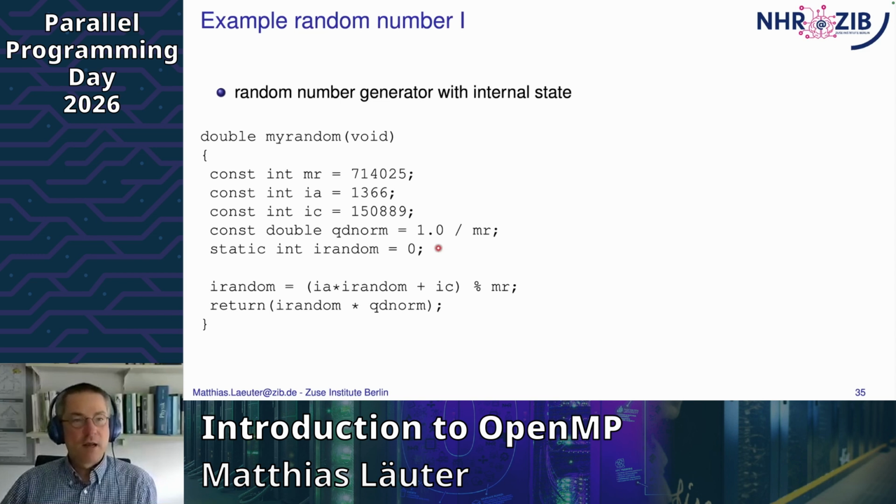Okay, where can this happen? The standard example for that is something like random generation. A random generator has its own status. A random generator remembers, okay, I'm in my random status, and that's why a random generator most often has some static variables within it, and that's why random generators behave differently if you use them in parallel, in OpenMP parallel or not.